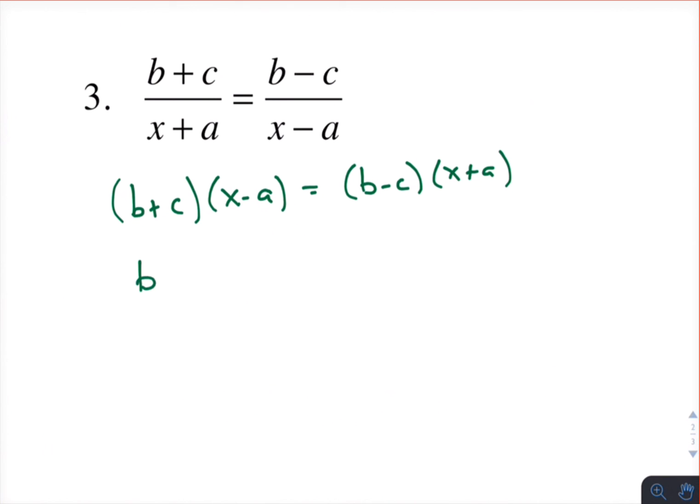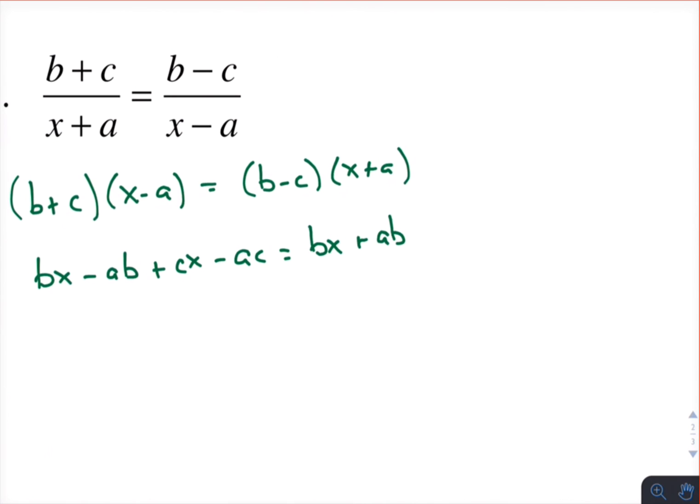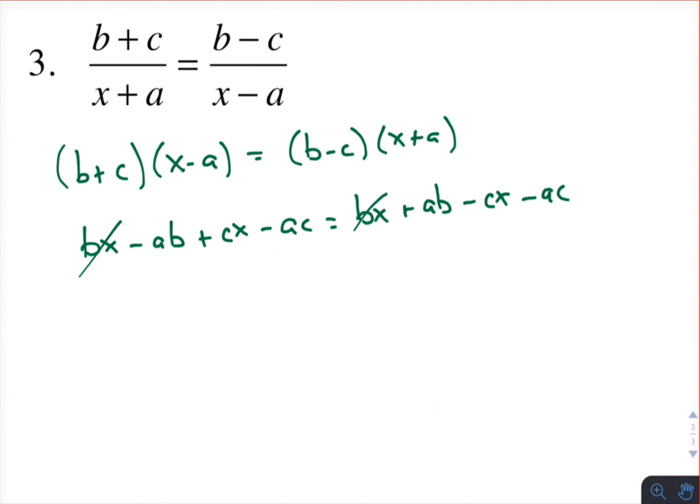So I get bx minus ab plus cx minus ac equals bx plus ab minus cx minus ac. So the bx's cancel, the negative ac's cancel, and so I get 2cx equals 2ab.